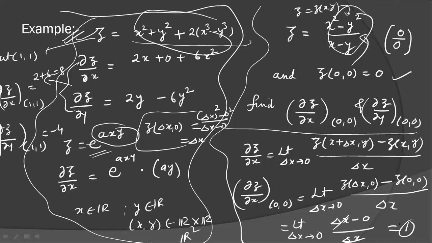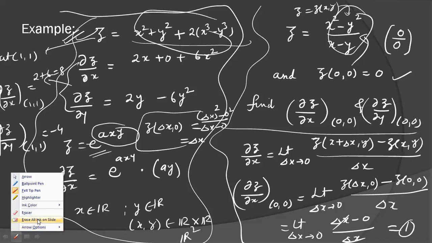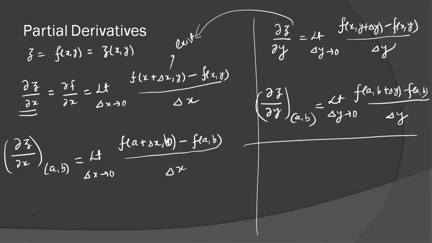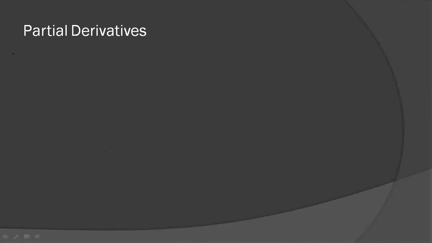Let's see what are the higher order partial derivatives. These derivatives can also be found using the limit approach, but with the one limit you can solve these also.